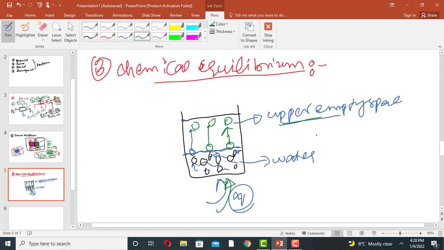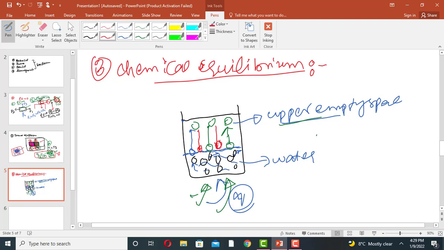So this is called the rate of vaporization. When we give heat to the liquid water, the rate of vaporization will increase with the passage of time. Now, after a certain time, some of the water vapor molecules will convert from vapor to liquid water again.